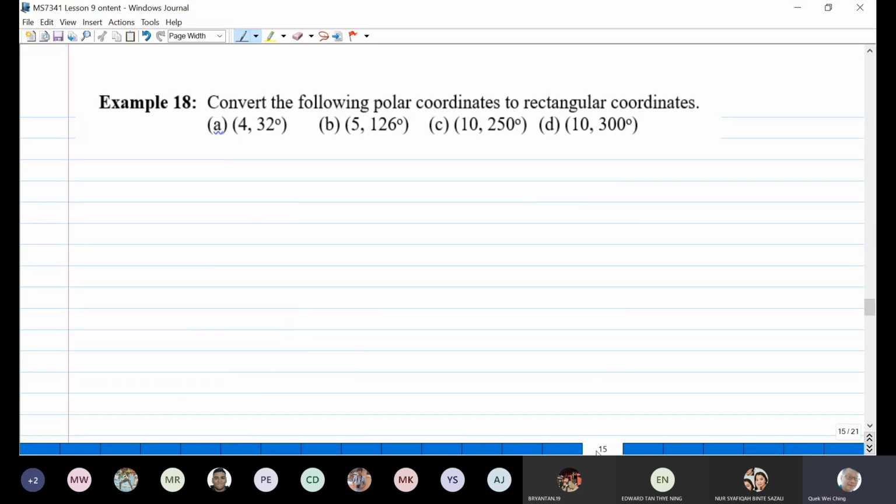Okay, last example, 10, 300. So you have an x-axis, y-axis here, radius 10.